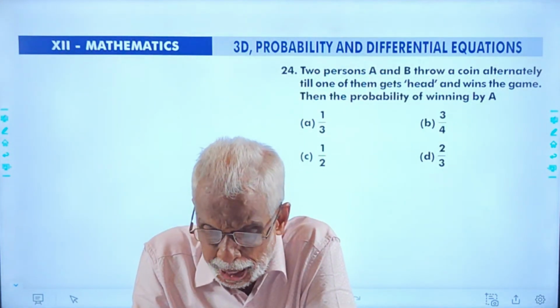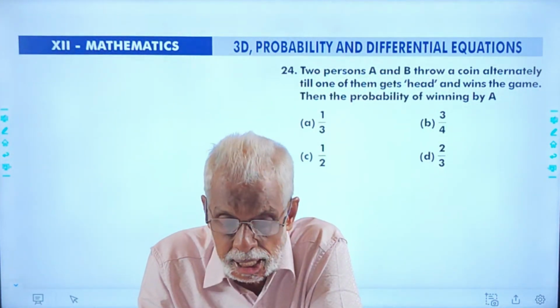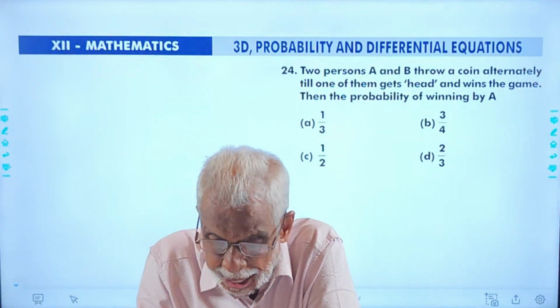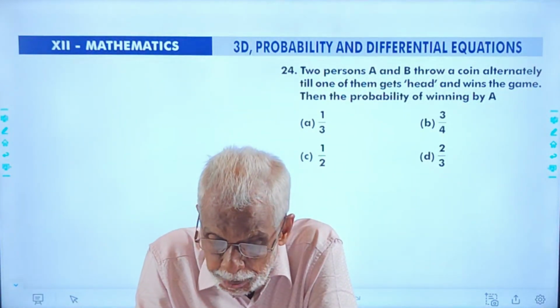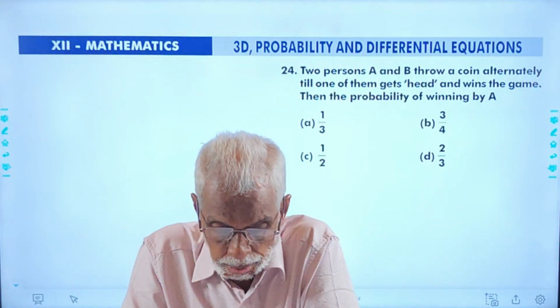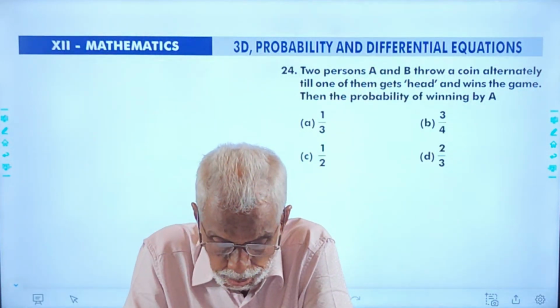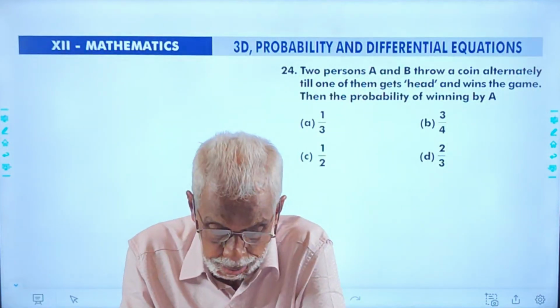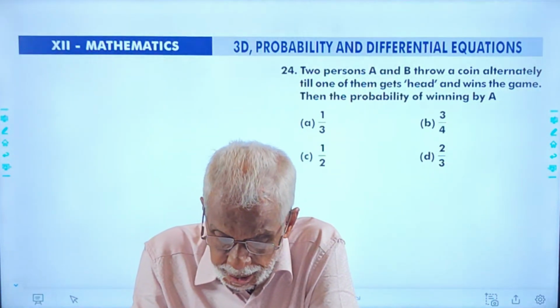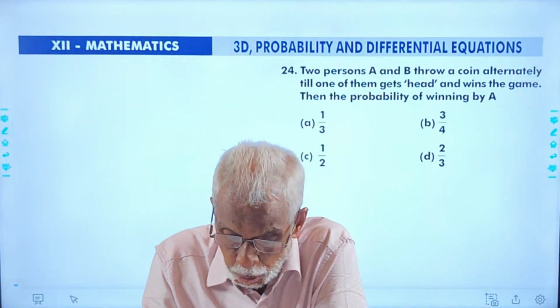Two persons A and B throw a coin alternately till one of them gets a head and wins the game. Then find the probability of winning by A. Let us take A as the event of getting a head in one draw.